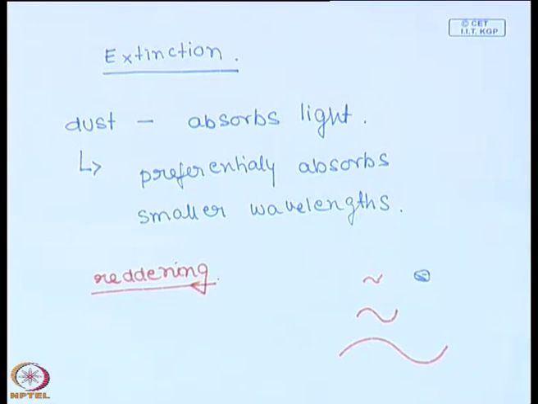It will make the radiation appear redder. So, when you are looking at astronomical sources through dust, they will appear redder relative to what they started out with. And this is then noticeable in the colors.